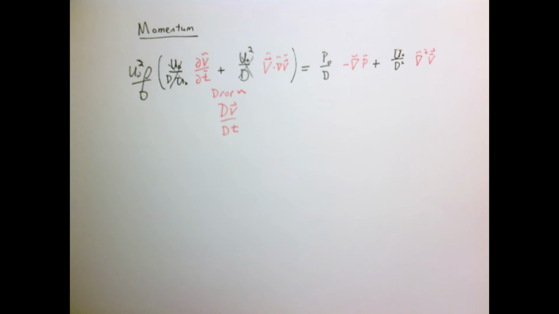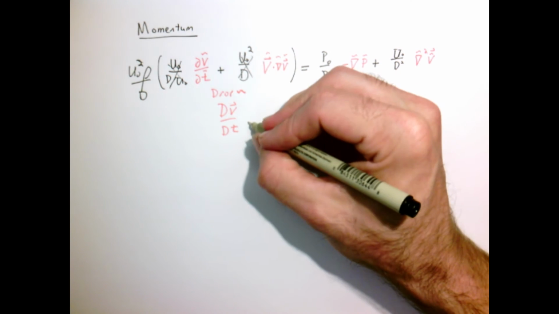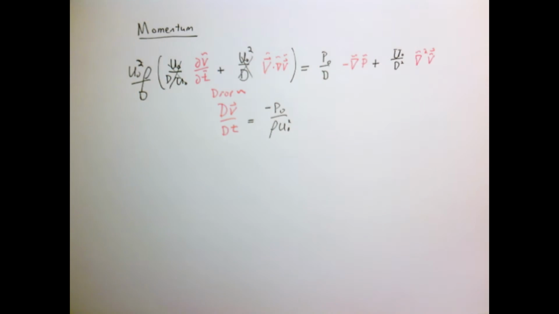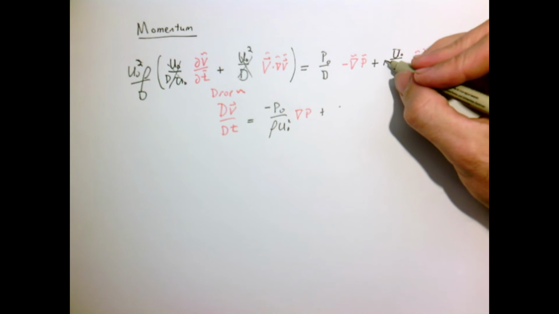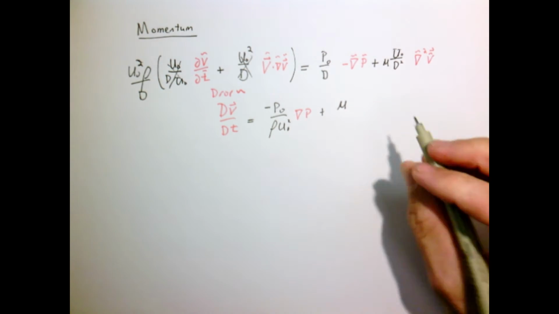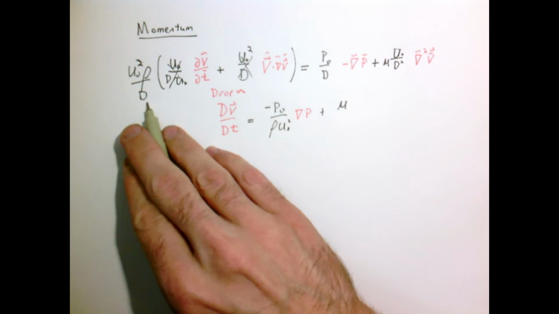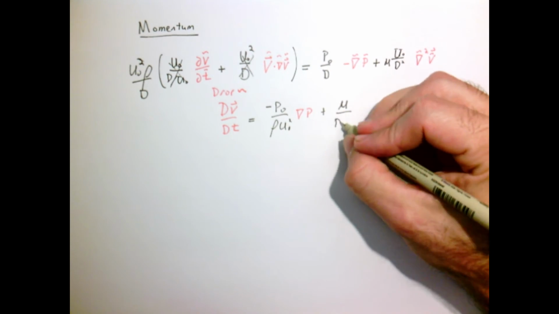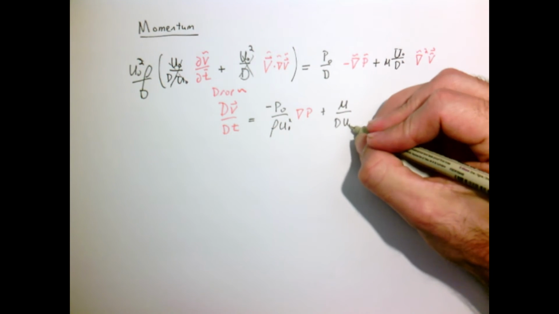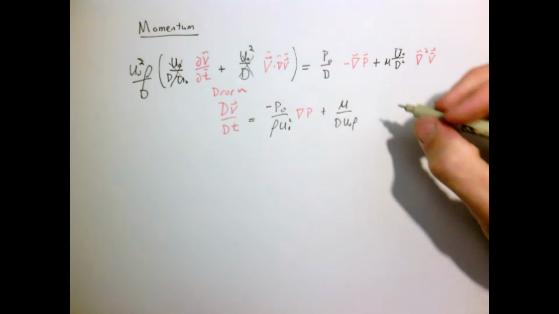So my dimensionless acceleration, dv dt, is going to equal p naught over rho u naught squared times minus gradient p. Hold on, I forgot viscosity. That term looks wrong. So I need the viscosity, multiply the d over here, that cancels and leaves me 1 d on the bottom. U squared on the bottom leaves me 1 u on the bottom and 1 rho.